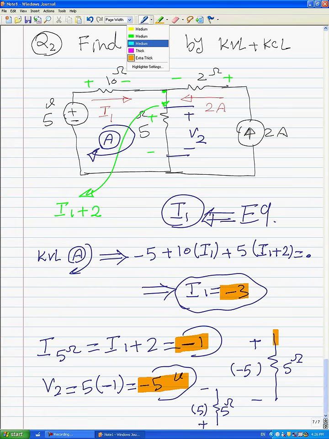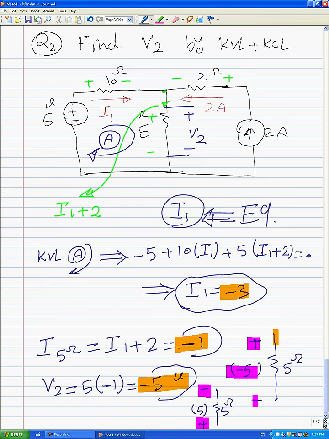It's easy and important to explain about negative and positive voltage. Once again, for this positive and this negative, voltage across the 5 ohms should be minus 5 volts. If we change the positive and negative like this, voltage across the 5 ohms should be 5 volts.